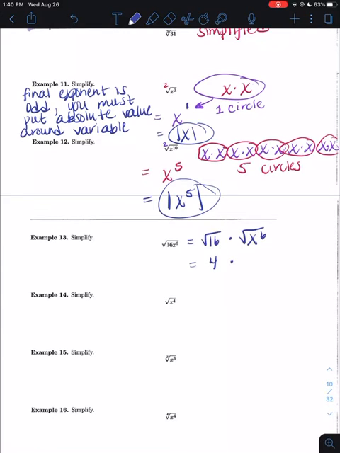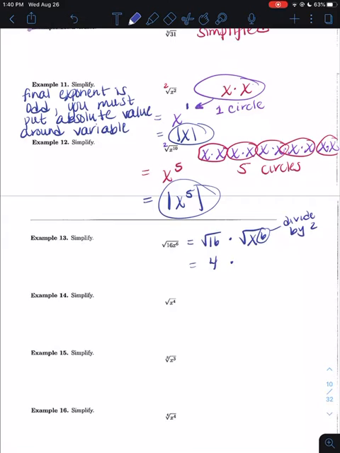And then the square root of x to the 6th, if you divide the exponent by 2, that'll give you your final answer. So this is x to the 3rd power. Because my exponent for x is odd, I have to include an absolute value symbol. So it's 4 times the absolute value of x to the 3rd.